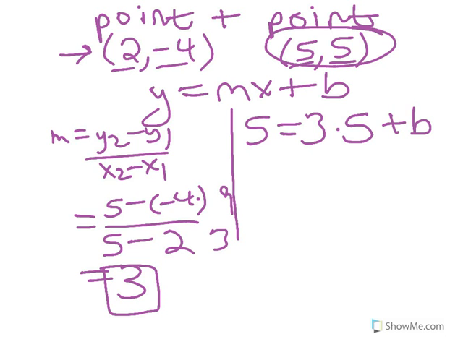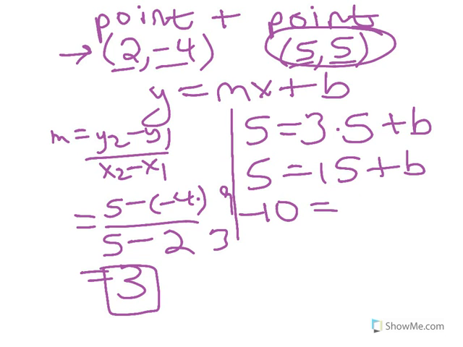And subtracting 15 from both sides, we discover that the y-intercept is -10. Given those 2 pieces of information, we have all that we need. The answer, the one equation that sums up this entire relationship, is y equals 3x minus 10.